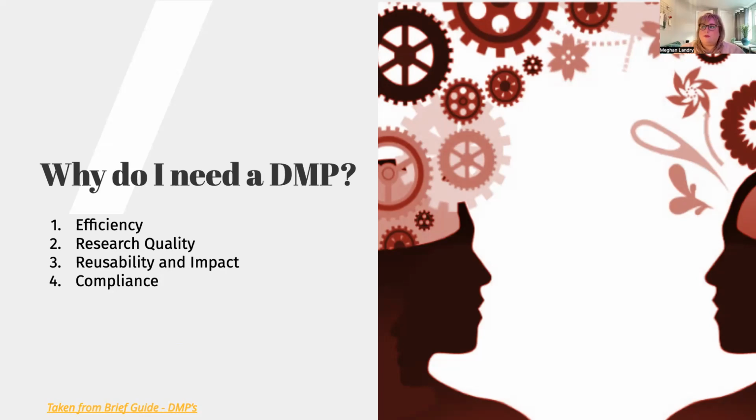And number 2, research quality, so ensure reliability and accuracy of data through careful documentation of your data collection and handling and stewardship practices. 3, reusability and impact, so improve discoverability, accessibility, and reusability of your data by planning for sharing into a repository and to increase the potential impact of your research.